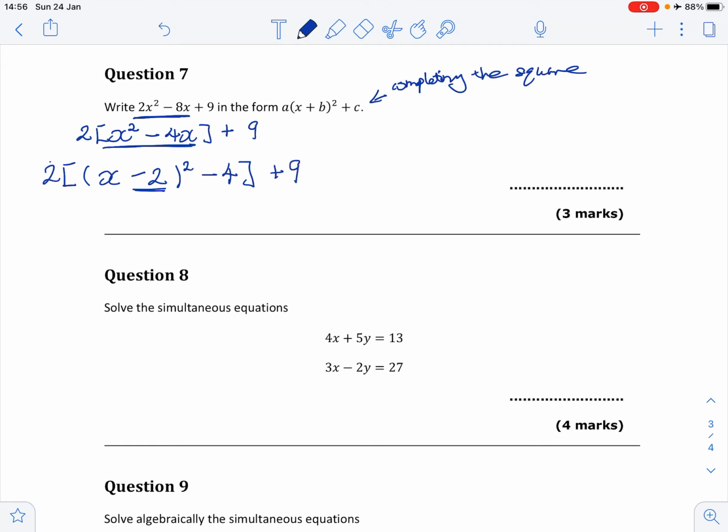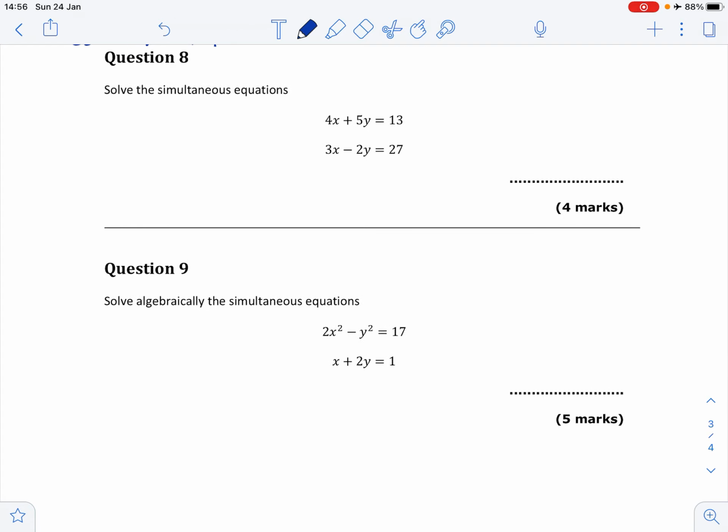Then you expand your bracket, so 2 multiplied by the bracket is 2 lots of x minus 2 squared. Then 2 times minus 4 is minus 8 plus 9. Then simplify your solution, you should have 2 bracket x minus 2 squared plus 1.